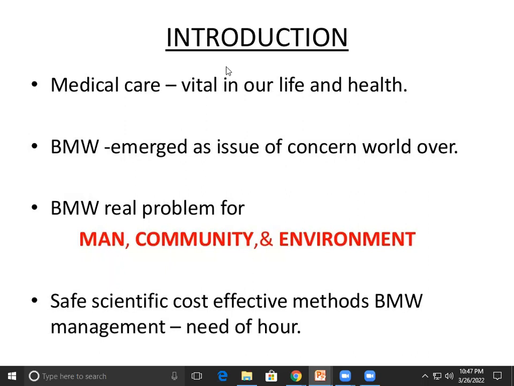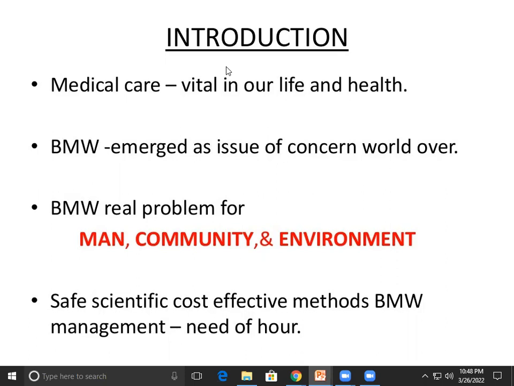For every human being, medical care is very necessary for survival. If any injury occurs or any disease is caused, medical treatment is necessary for every person.